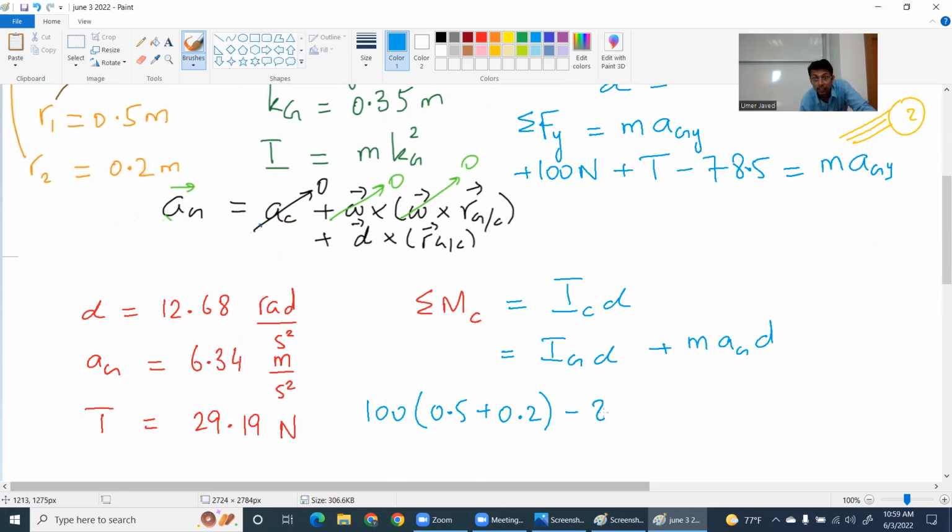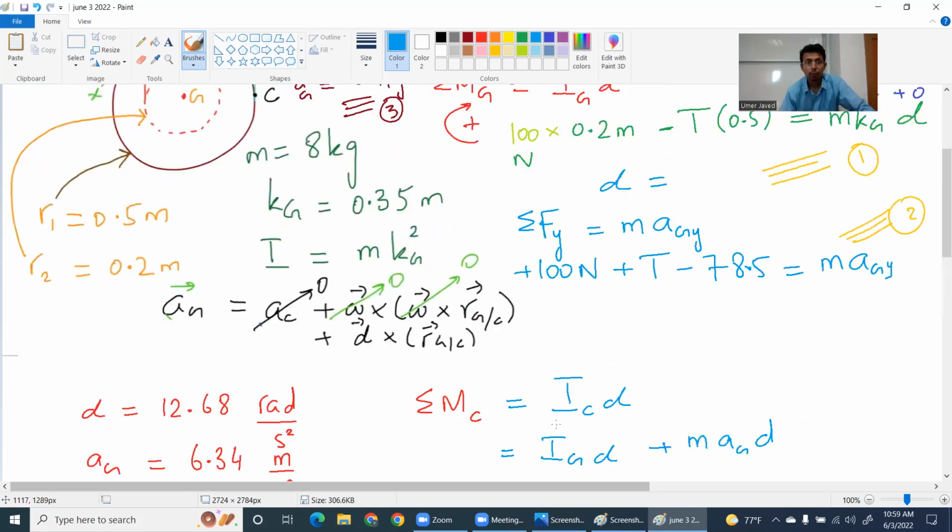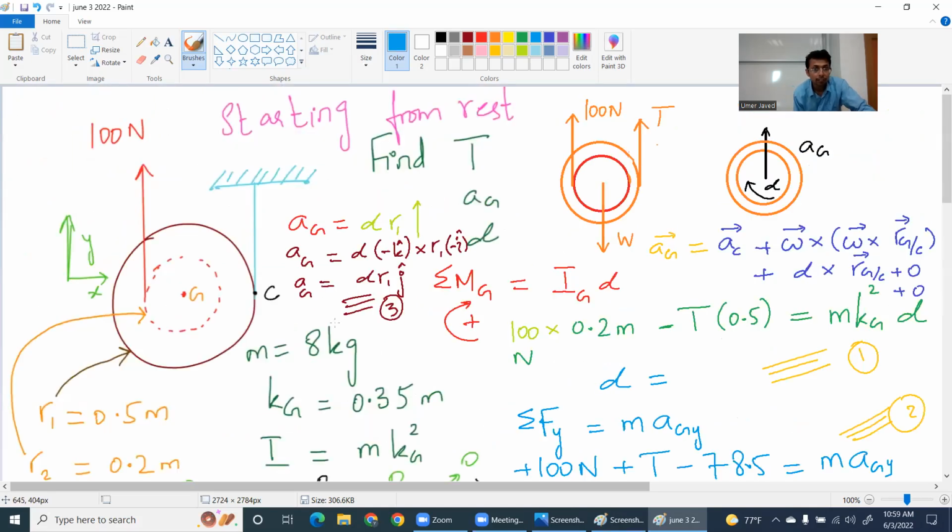What is the weight? Minus 8 kilograms multiplied by 9.81 multiplied by, what is the distance between the center of mass and the point C? 0.5, right? I think Bahadur said 0.5, yes. 0.5 meter, then this is Newton. Again, this is a very good habit that you handle the units as it is. Then this whole thing, why is it negative? Because the weight is acting downward, and this is point C, this is the weight that is acting.